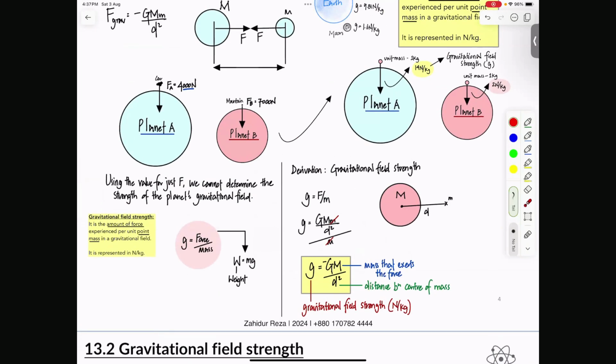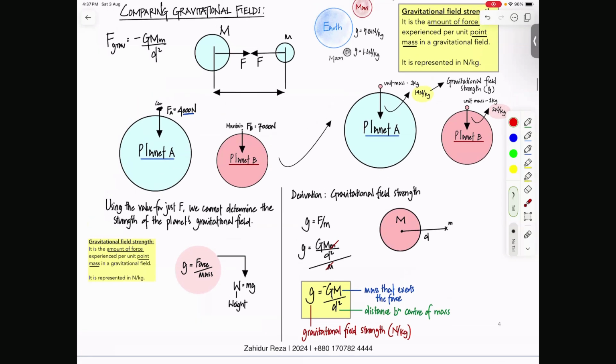Gravitational field strength, the definition and everything is provided here as well. So that's the formula, GM by d square. Okay, so copy whatever you want, understand it, and if you have any questions, ask me. This is a very important equation. Starting from here, all the questions we do will involve this equation.